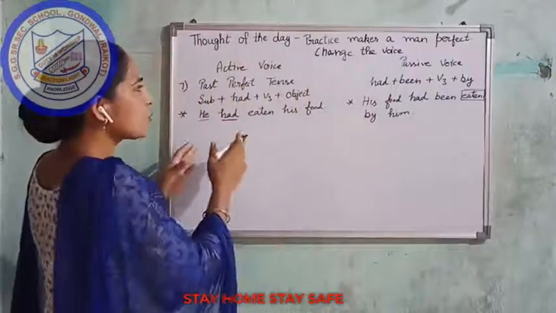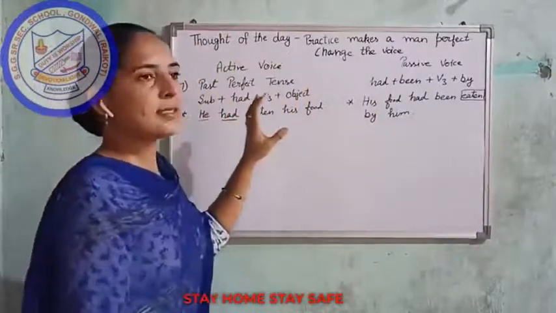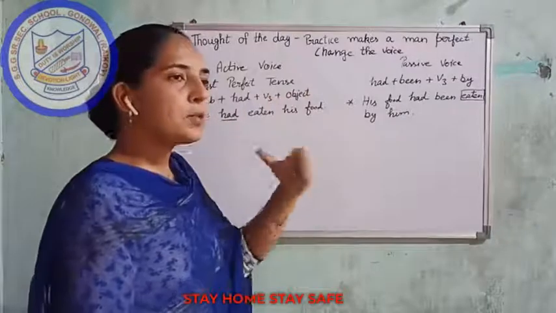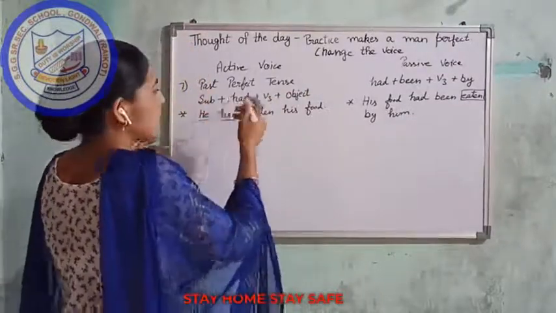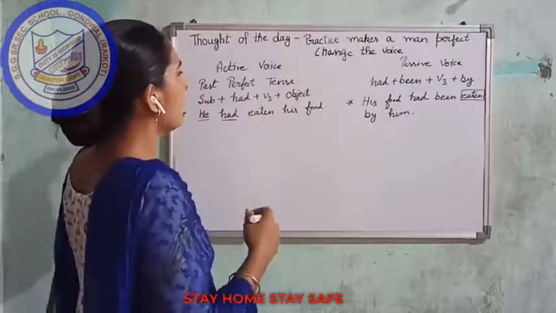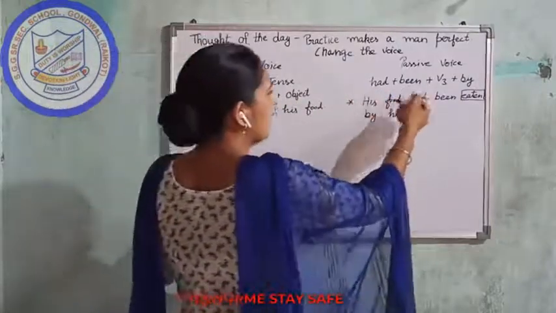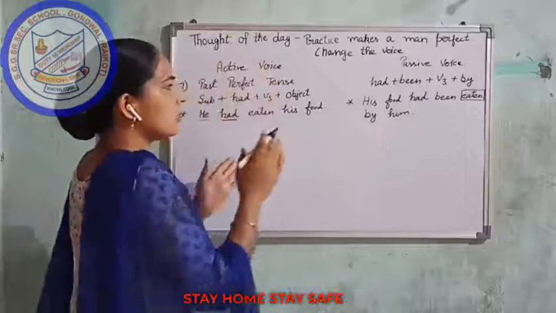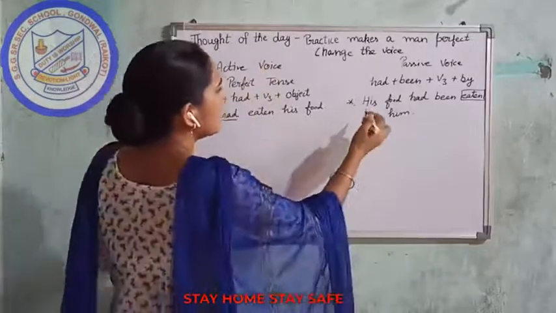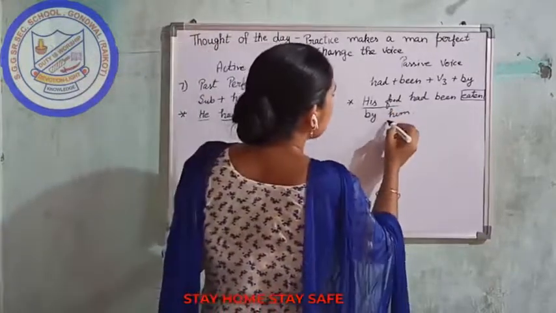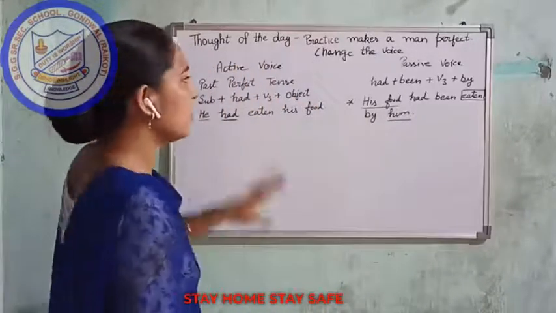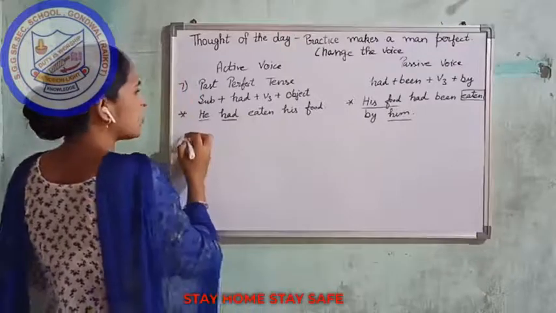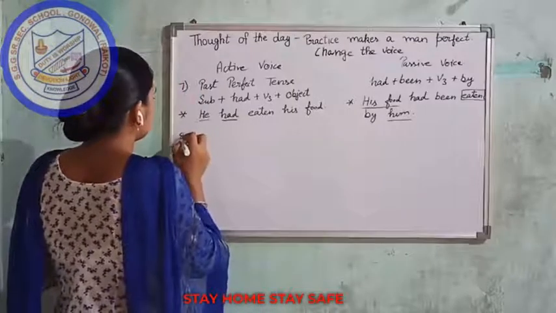But it is very easy in perfect tenses because the past participle is already used in these tenses. So you have to only put been and replace the subject and object. It is very easy. You can easily do it. Okay? Got my point? Very good.